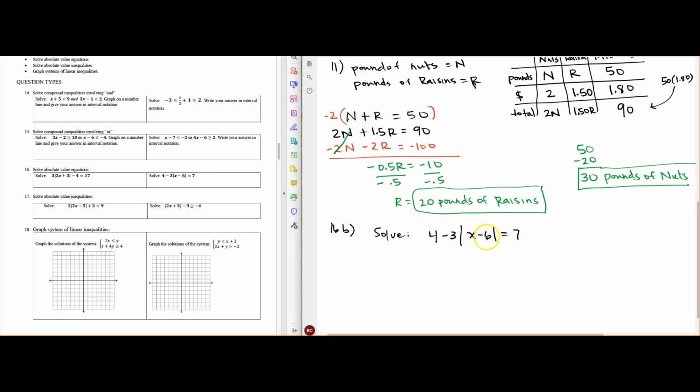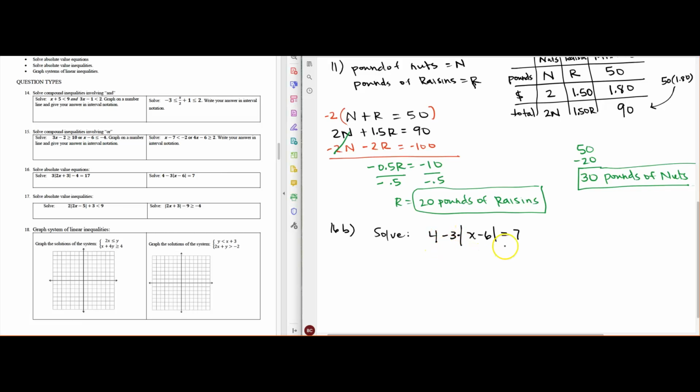Right? So first thing you need to do whenever you're solving something with absolute values is you've got to get the absolute value part by itself. So I'm first going to move this 4 over. Be careful, you don't do the 4 minus 3 first, right? Because remember, this 3 is connected to that absolute value by multiplication, right?